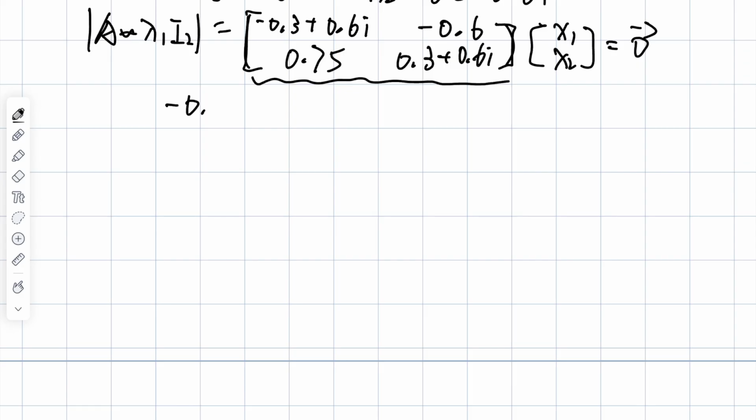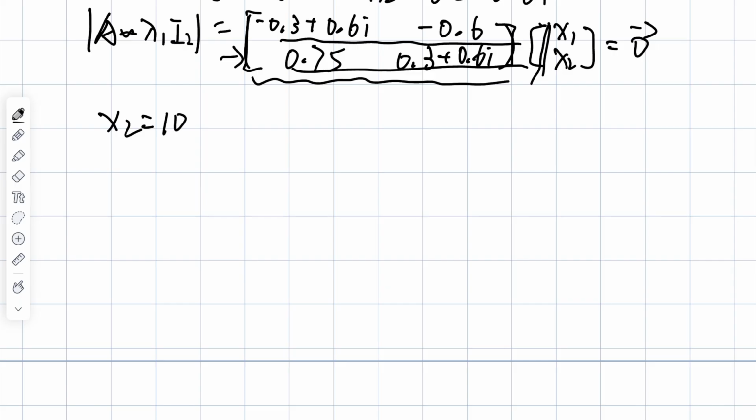This matrix is linearly dependent, therefore one row is a complex multiple of another row. Therefore, x1 and x2 have some relationship expressed by these two equations. If we determine x2 as some number, we can get x1 immediately because the two equations represent the same relationship between x1 and x2. Here we let x2 equals 10.